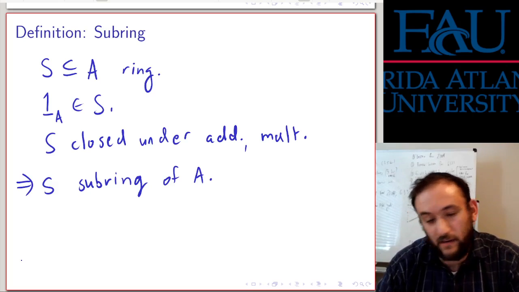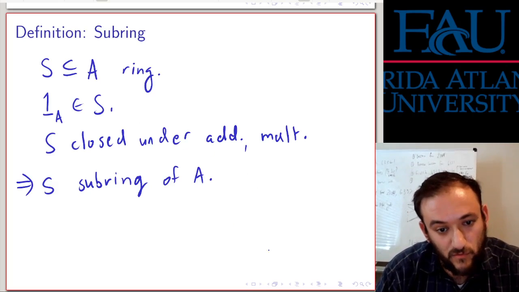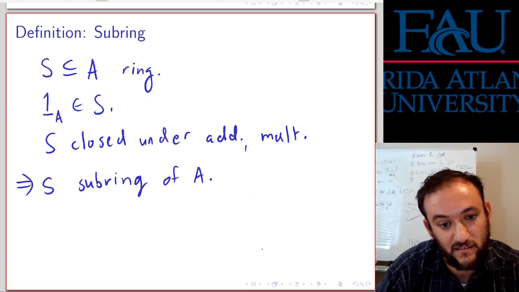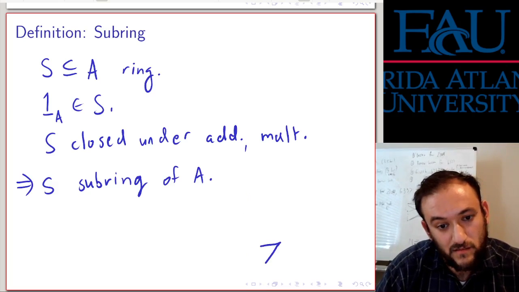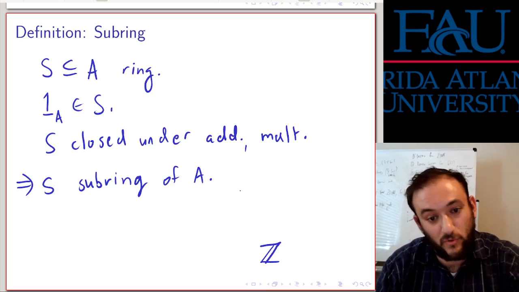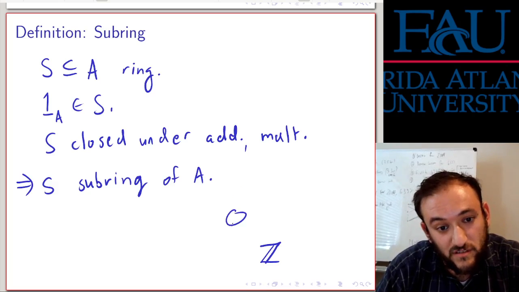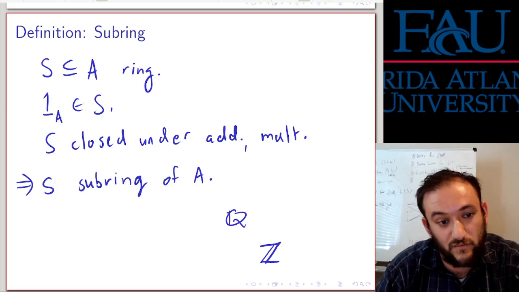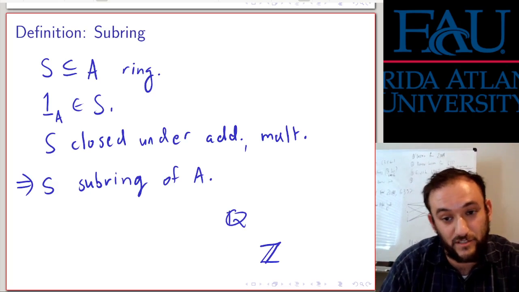And some examples of subrings. So we've seen already that Z is a subring of the rationals. So the integers is a subring of the rationals, right? 1 is both an integer and a rational number.